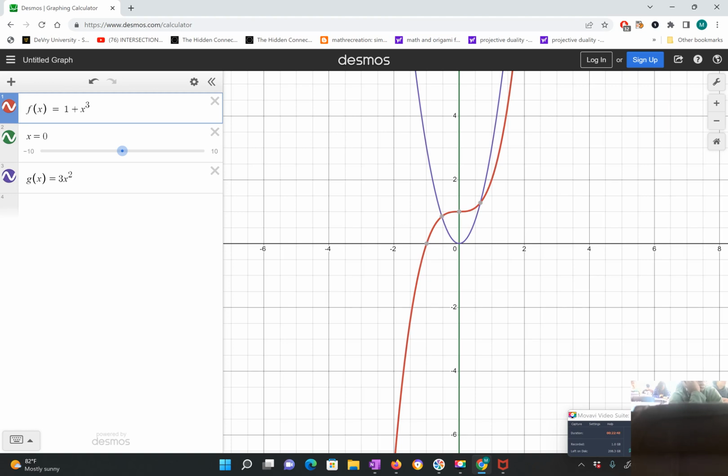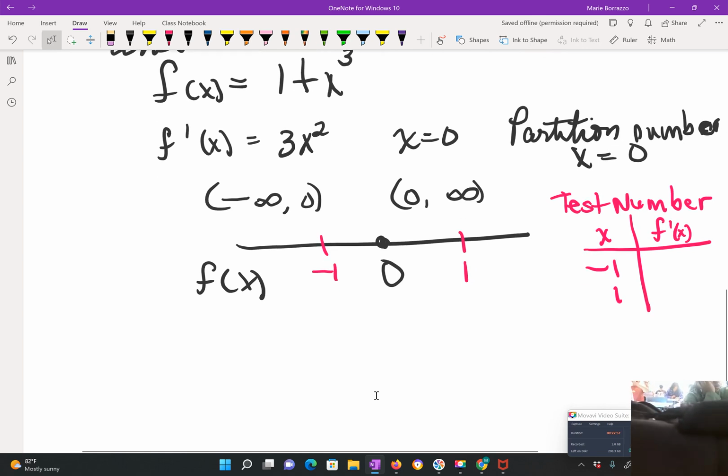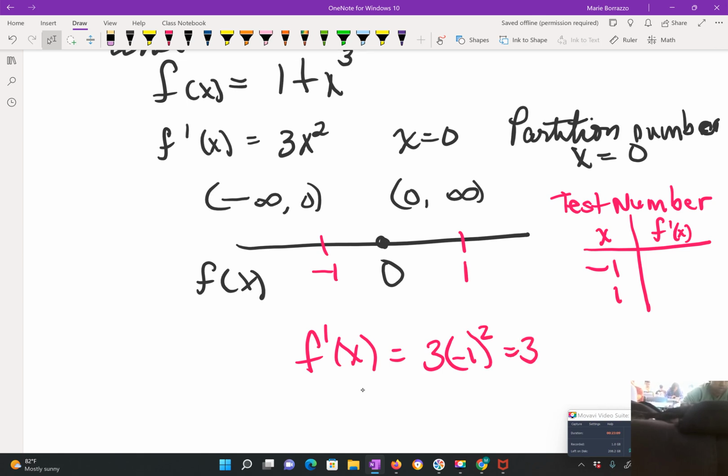So let's take a peek at what I mean by that, in case you missed it. If we test negative 1, our first derivative is 3x squared. So we're going to say 3 times negative 1 squared, which is positive 3.